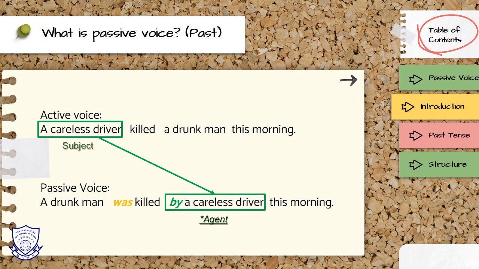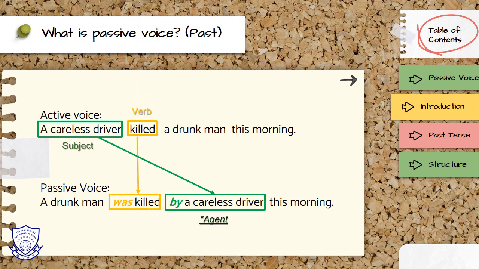You may say at the same time that a careless driver is also the object here. But remember that by object, a careless driver is just the noun right after the main verb of the sentence. That's why it is an object here.